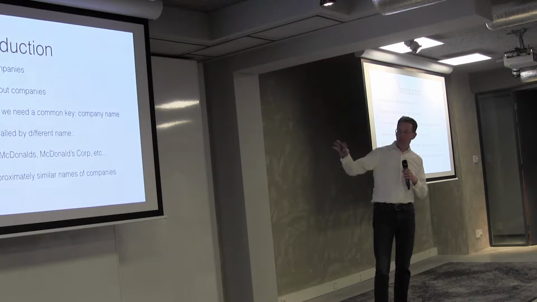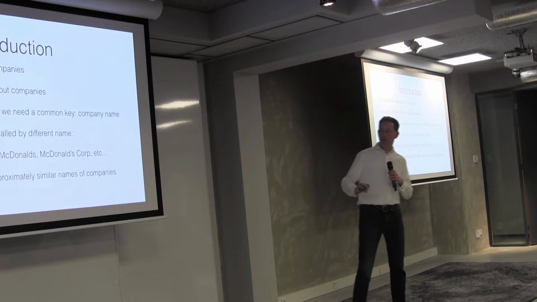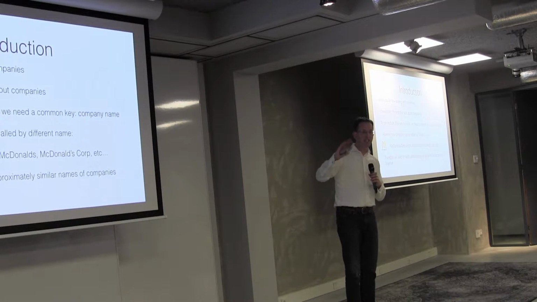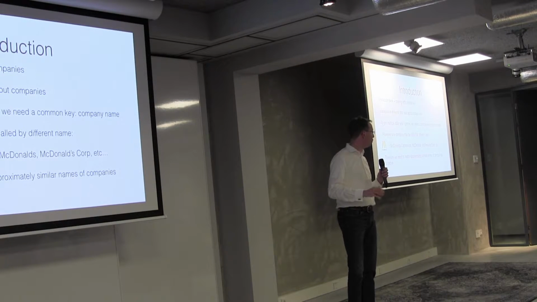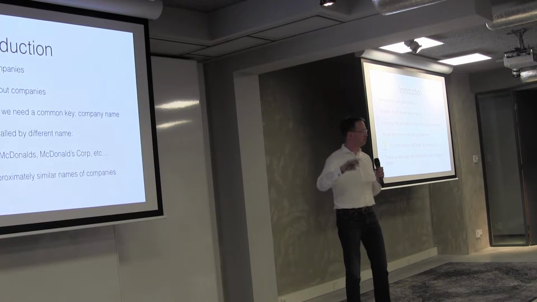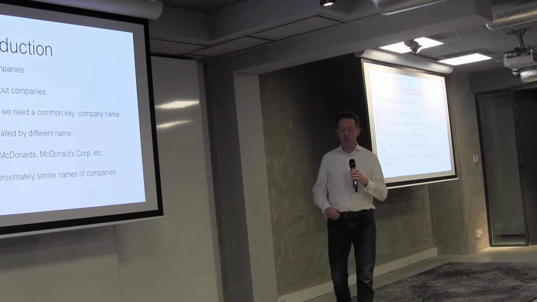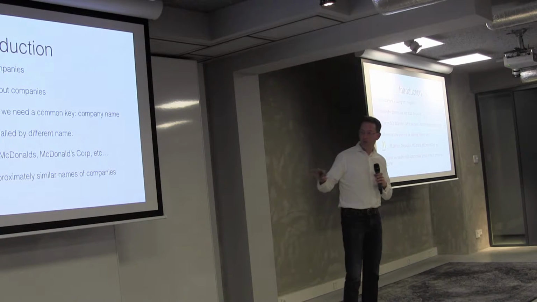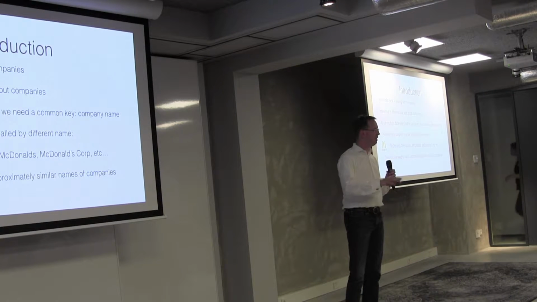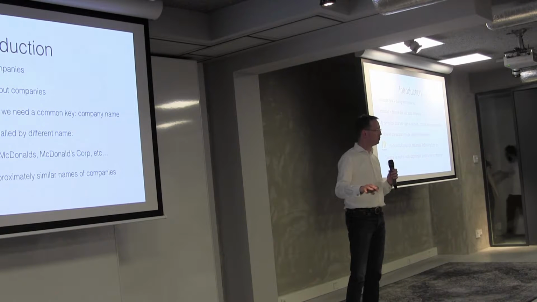So for example, one company, McDonald's, might be called McDonalds without any punctuation marks in one data set, McDonald's with an accent in another one, and Corp behind it in yet another one. So lots of different opportunities to spell McDonald's. So what we really need is a way to match approximately to tie these data sources together.